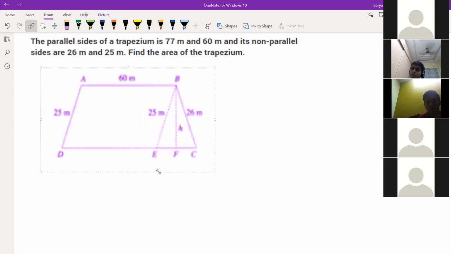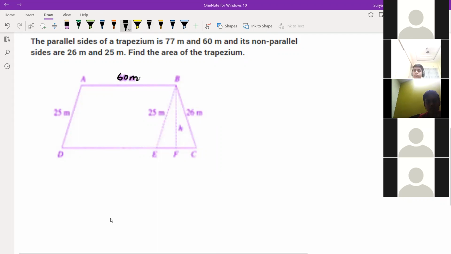Just try to understand here. See, the parallel sides are 60 and 70. So 60 will be this one, 60 meters, and this whole part is 70 meters. Next, the non-parallel sides are 26 and 25.